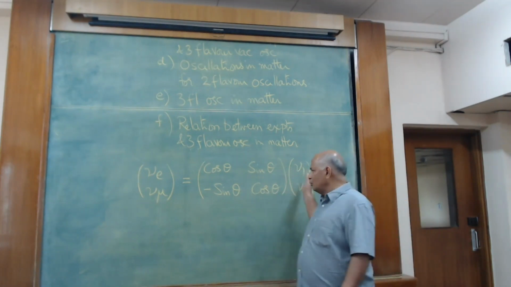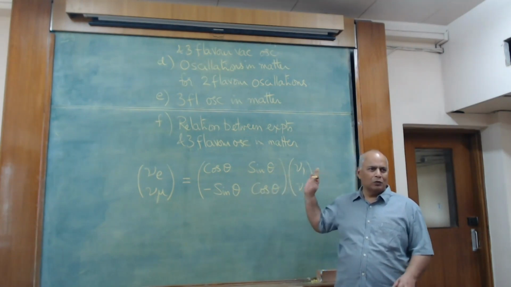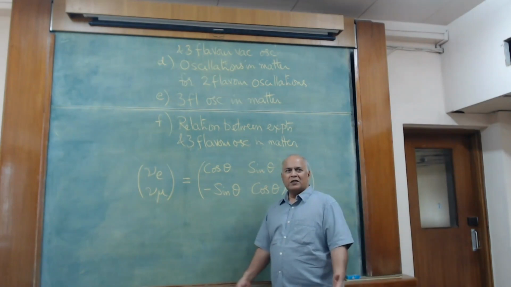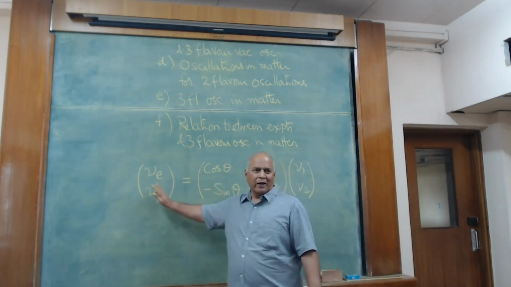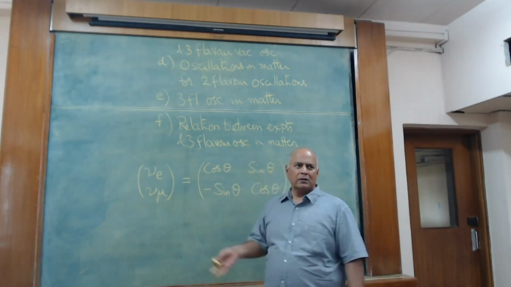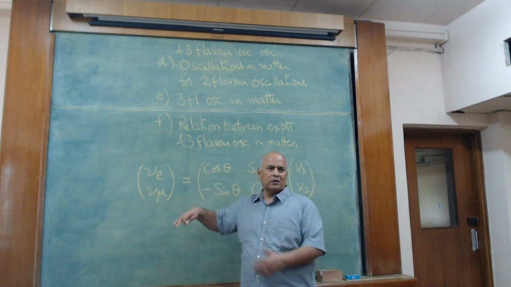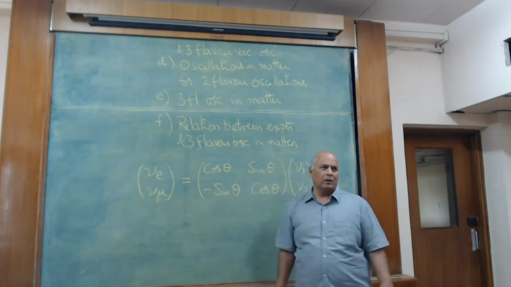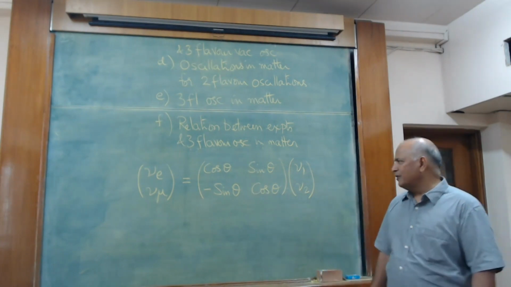I should have written nu1, nu2 is a matrix times nu e, nu mu, but since what we see in the lab are nu e and nu mu, by convention we write it like this. Anyway, writing it the other way, this is an orthogonal matrix, so I just take the conjugate transpose of it.